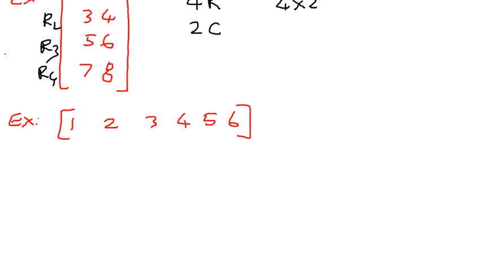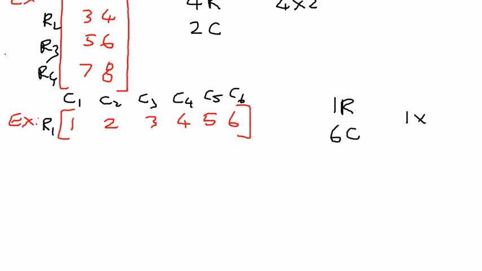In here we have one row, but we have column 1, column 2, column 3, column 4, column 5, and column 6. So we have one row and 6 columns. So this is a 1 by 6 matrix.